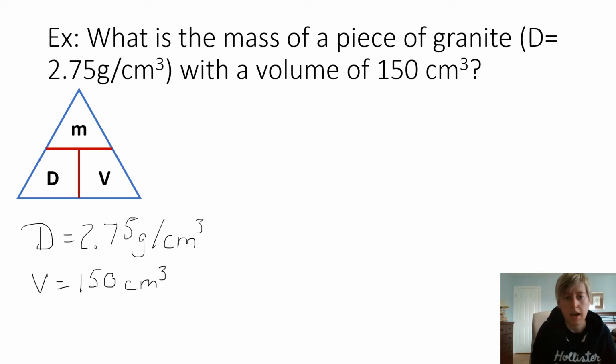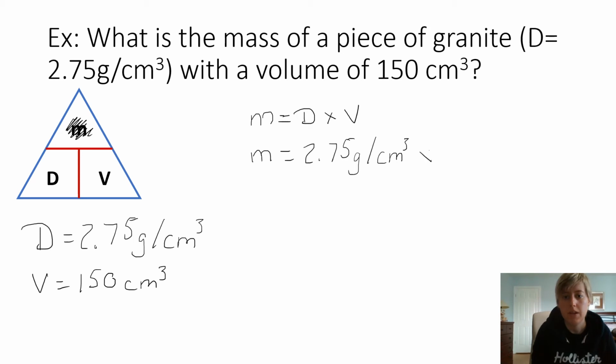So I have density, I have volume, I don't have mass. So I'm going to scratch out my mass. And what do I have left over? D next to V. So that means mass is going to be equal to density times volume. So now I write in my numbers: 2.75 grams per centimeters cubed times 150 centimeters cubed.